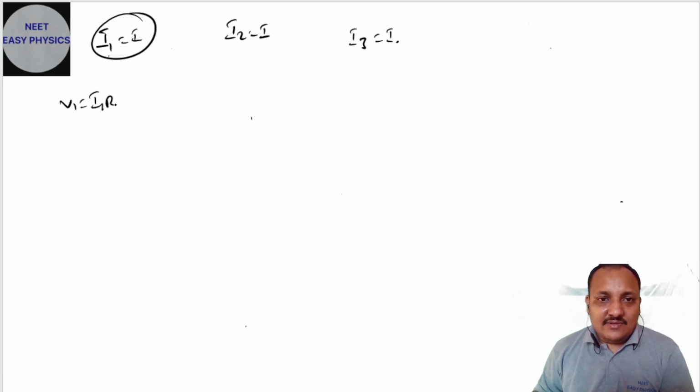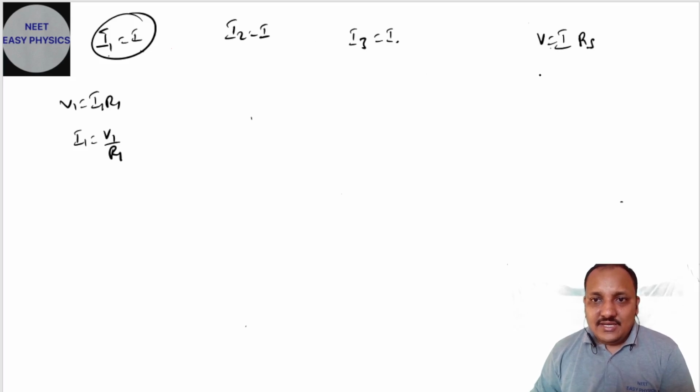V1 is equal to I1 R1, then I1 is V1 by R1. Now what is I? V is equal to I Rs in series combination, where Rs means R1 plus R2 plus R3.